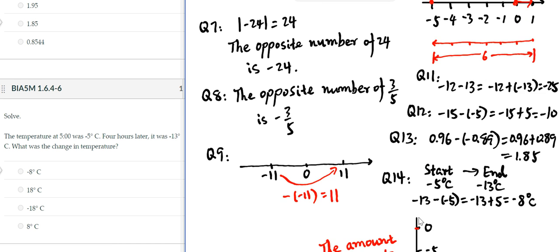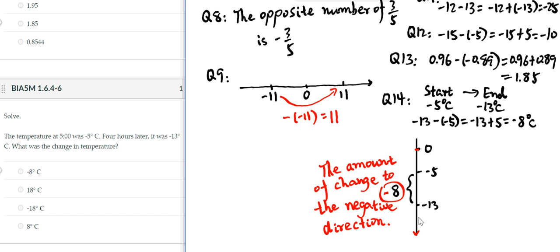And here is the graph explanation. Starting at negative 5, ending at negative 13, so the direction it goes is from here going down. The temperature actually goes down negative 8 units.